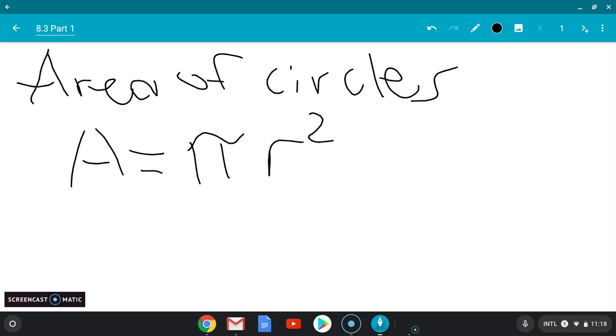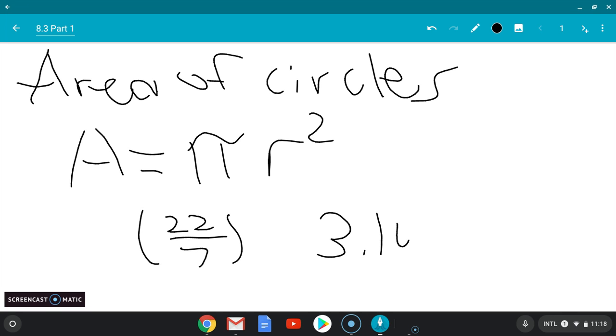All right. Once again, for pi, we're going to use either 22/7 in proper fraction, or we're going to round pi to 3.14.